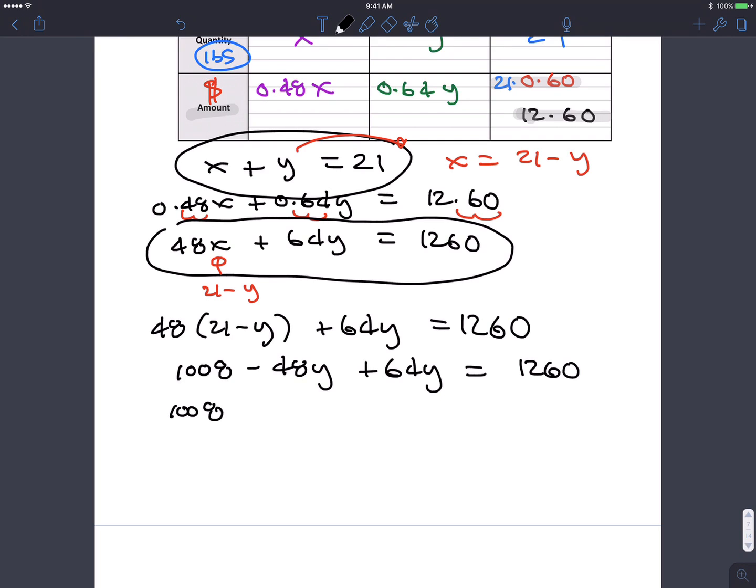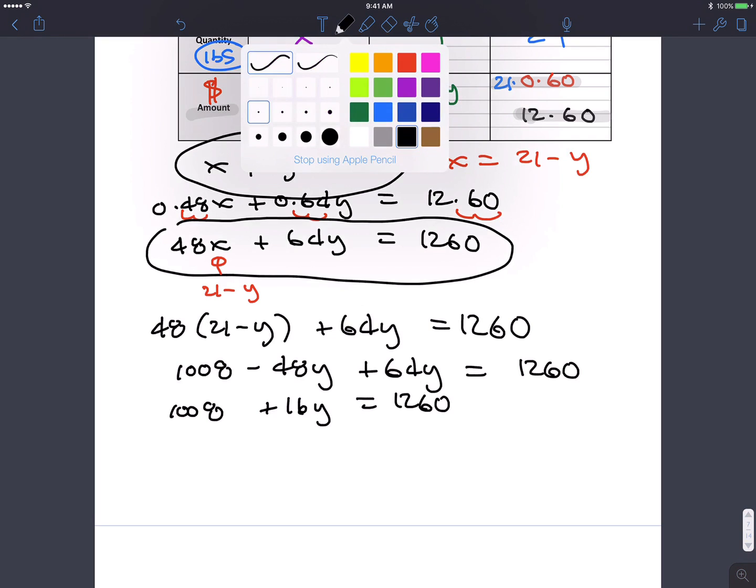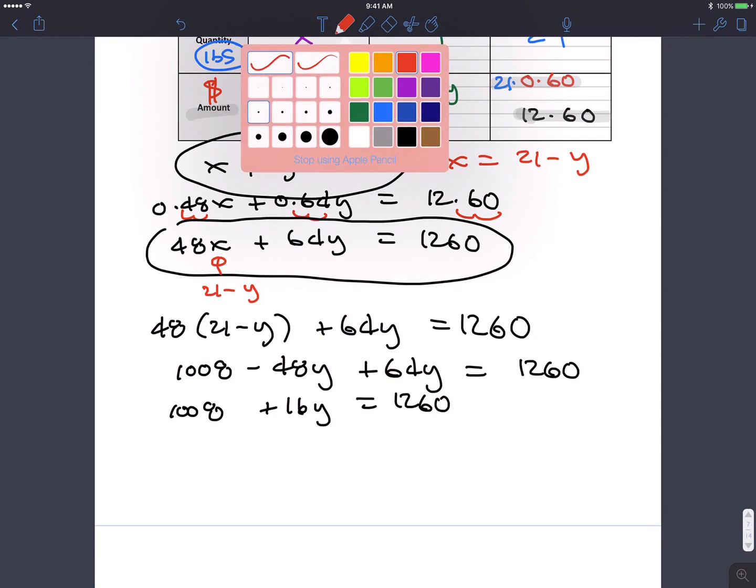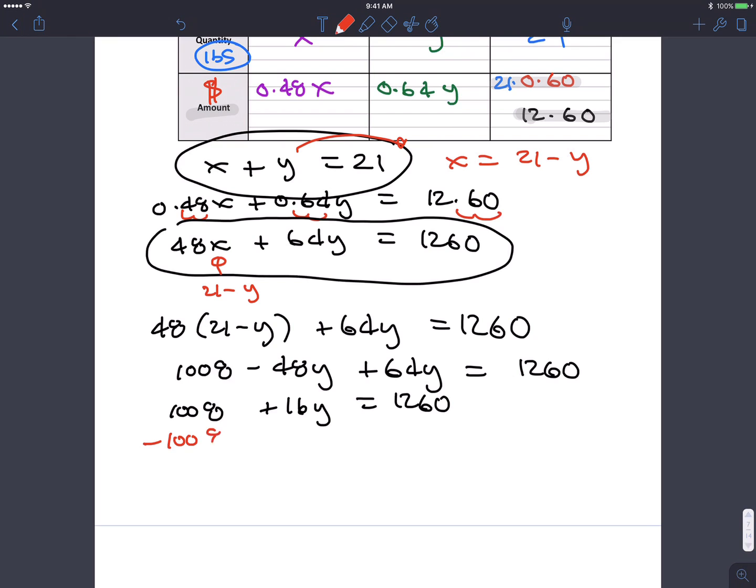Now 1008, now negative 48y plus 64y, let's think about that. That's 64 minus our 48. That gives us a positive 16y. And that will be 1260. Subtract 1008 from both sides.